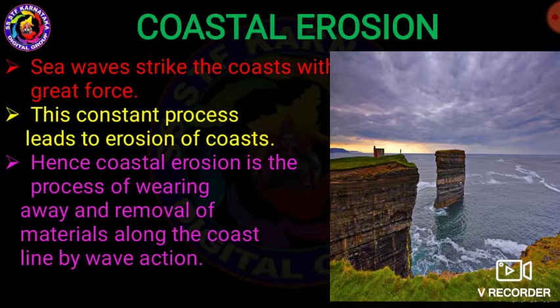Coastal erosion is nothing but the sea waves striking the coast with great force. This process leads to erosion of the coast. Hence, coastal erosion is the process of wearing away and removal of the materials of the coastlines.